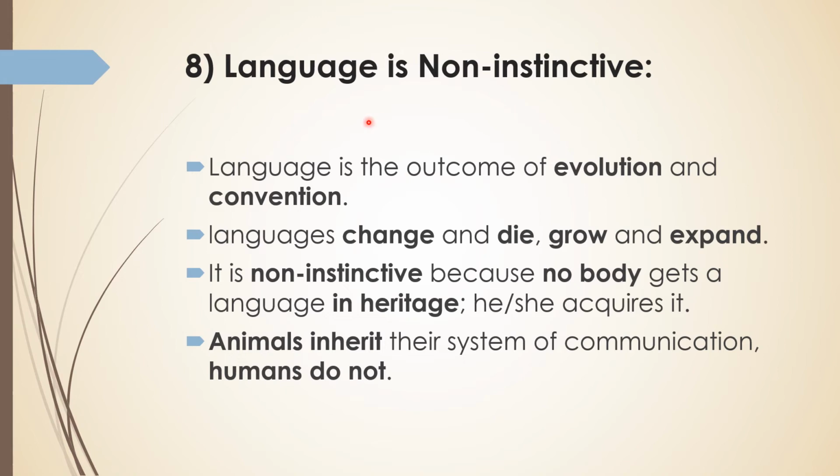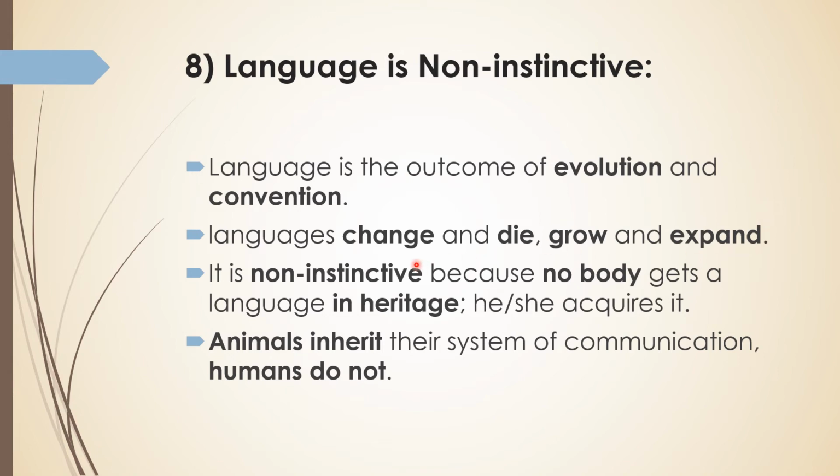But if we talk about language, it actually breaks the order. It is not mechanical, because language is the outcome of evolution and convention. It changes from one generation to another, from one social group to another, and from one convention to another. That's why languages change, languages die, languages grow, and languages expand.